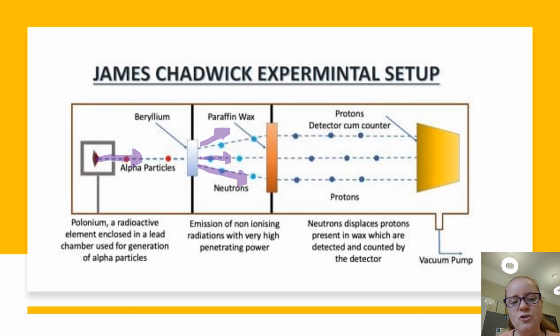But when these neutrons hit a sheet of paraffin wax, they dislodged protons from there, and those could be detected. So basically, we knew that something was being knocked out from the paraffin wax that we couldn't detect. But we could use those things to knock loose other things that we could detect. And that was how we knew that neutrons existed.